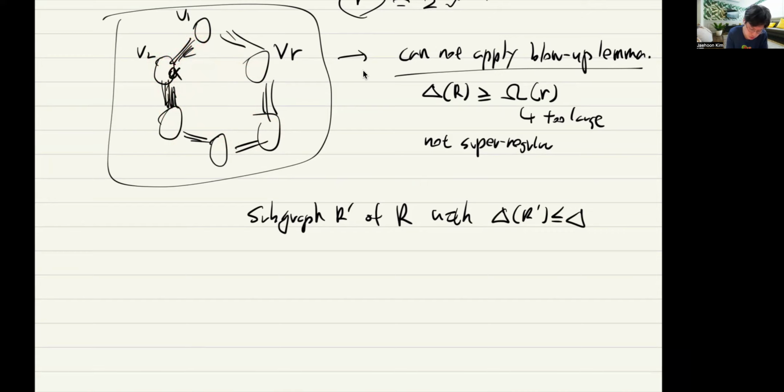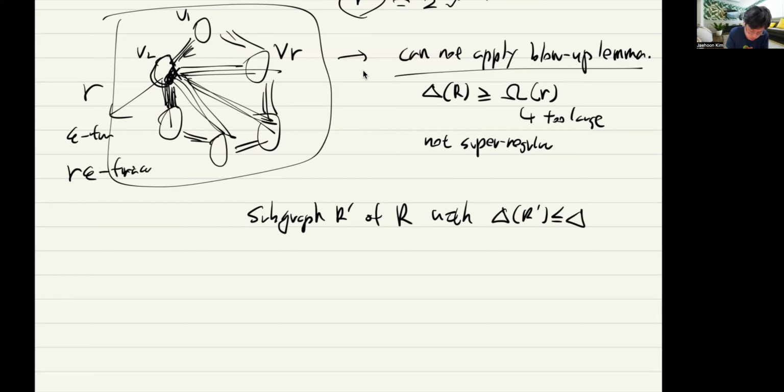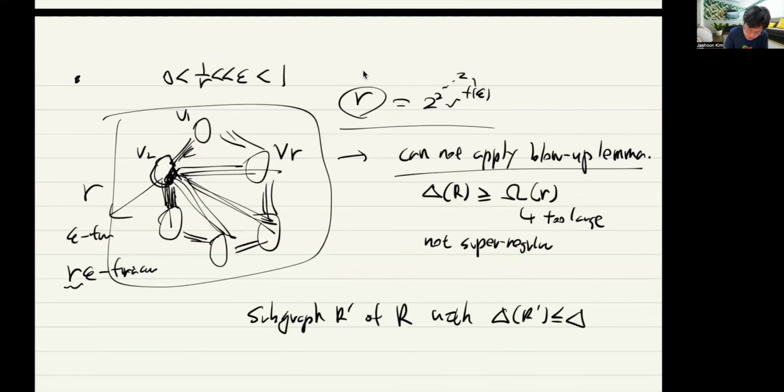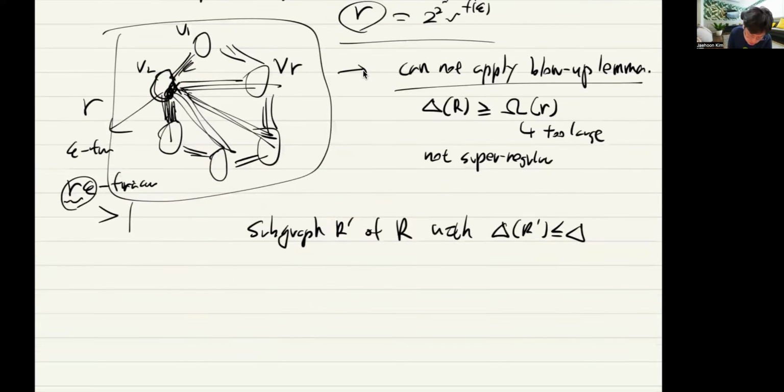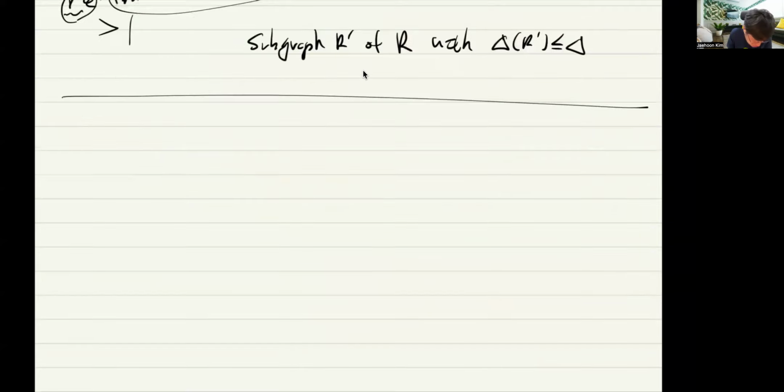You take this, and if there are vertices with too low degree, you delete them. Most of the vertices still remain there, so you have a minimum degree condition. That's possible. But if you want to do it r times, and every time you delete an epsilon fraction to make everything super regular, then you have to delete r times epsilon fraction, but r is much bigger, so this is bigger than 1. So you might have to delete everything, which is not good. Okay, so those are the rough remarks and what we will do later.